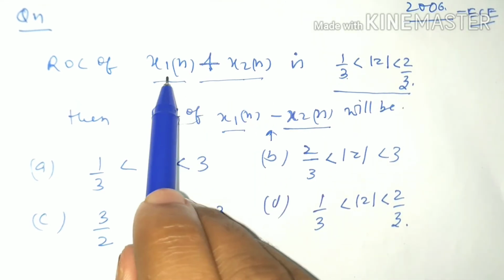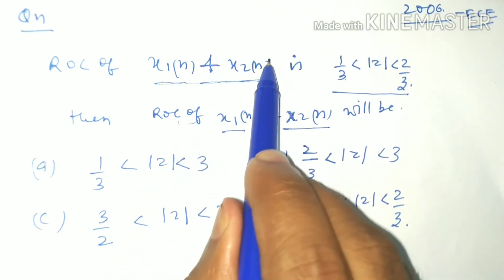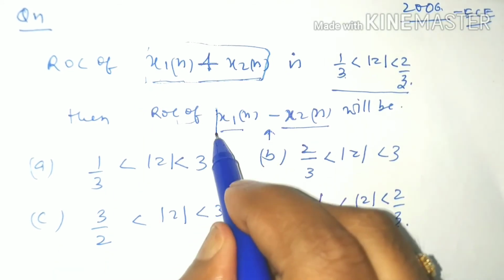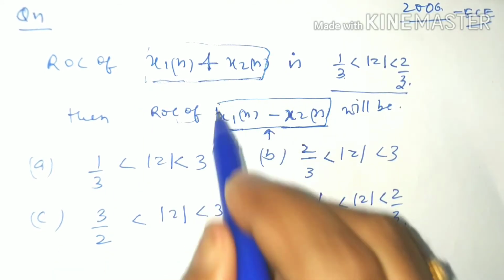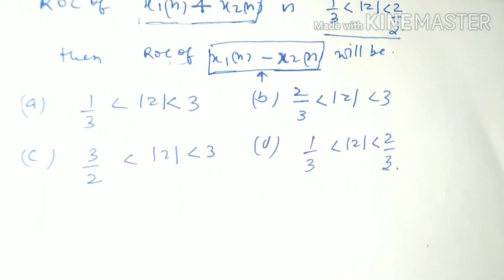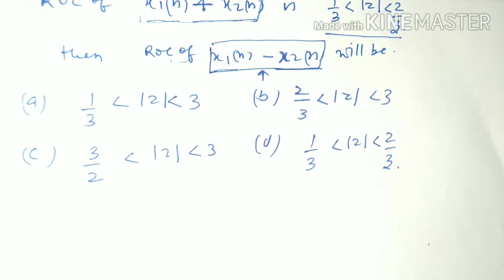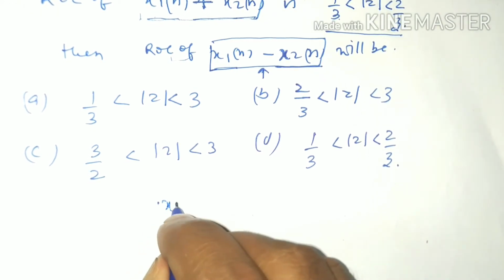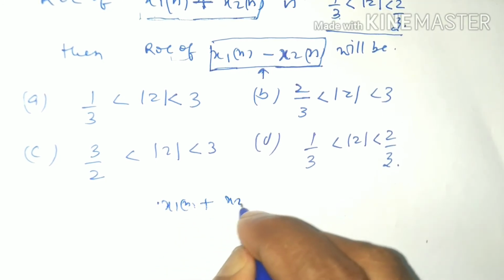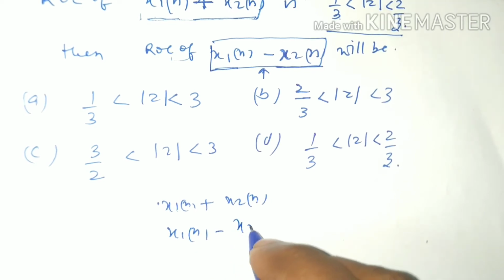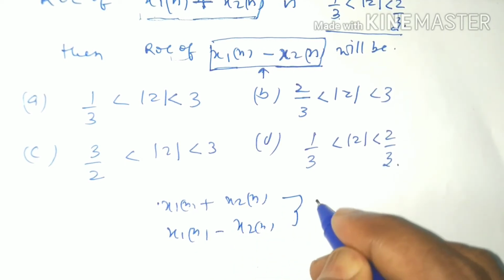We know the ROC of the addition of two signals, so what will be the ROC of the subtraction? Here one point to remember: the ROC of addition and subtraction of two signals will be the same.